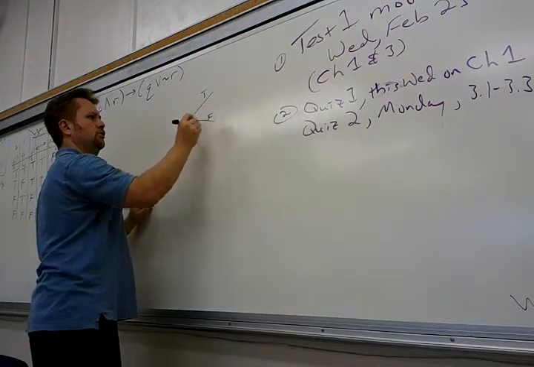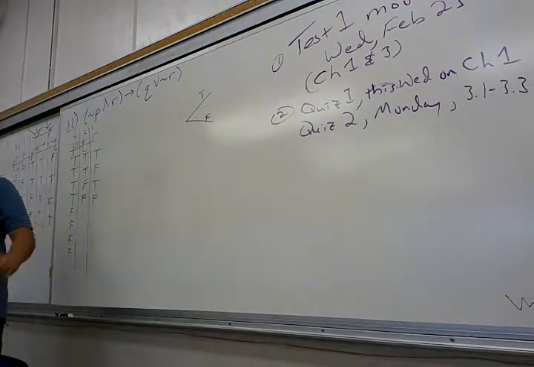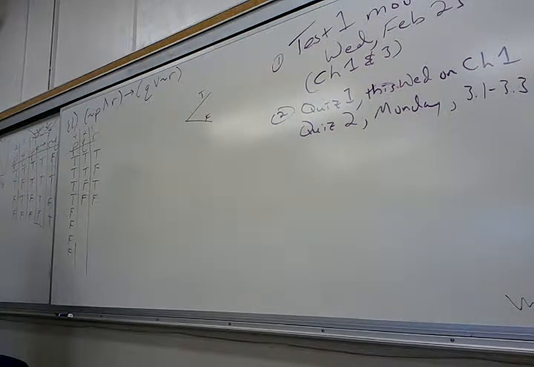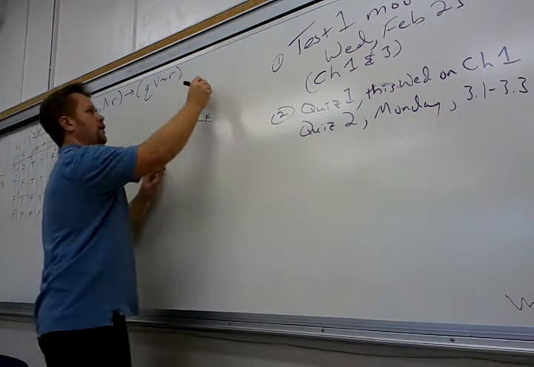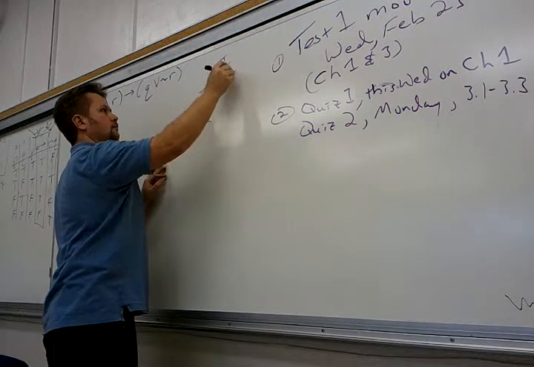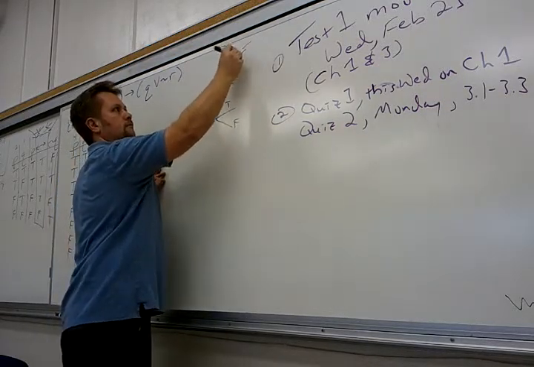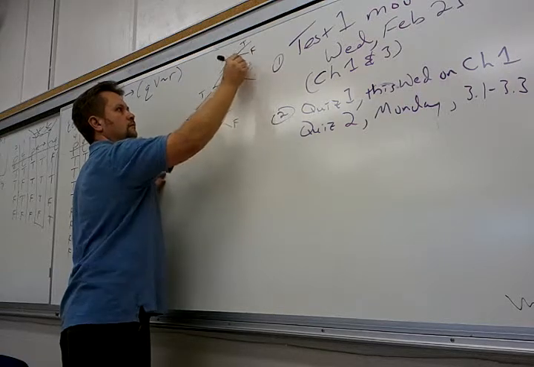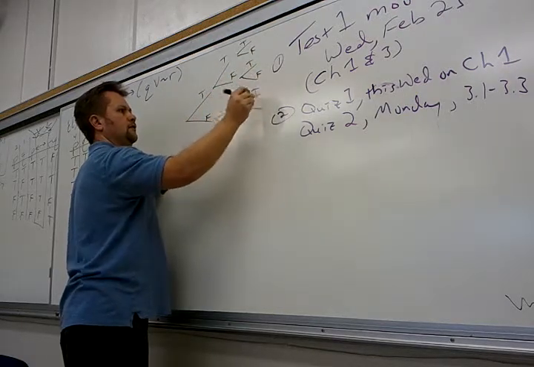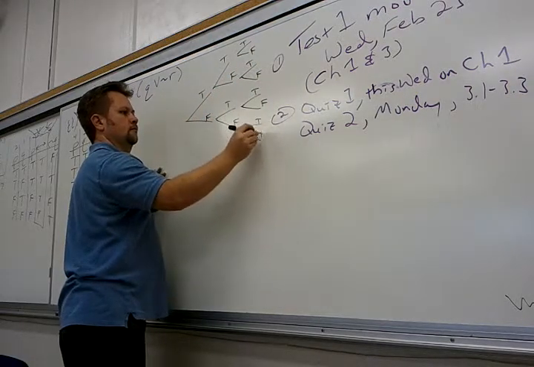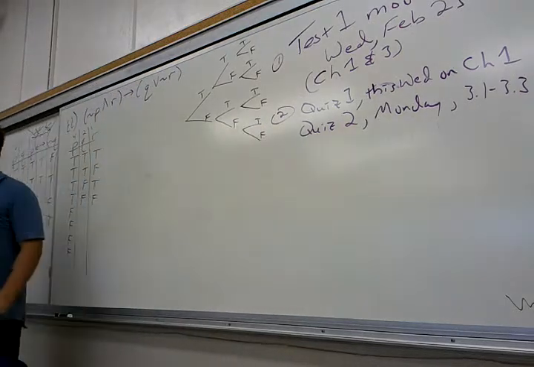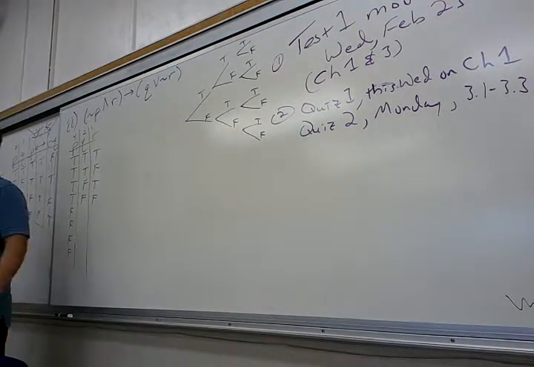But notice this: has anybody ever seen a little tree like this? P could be true or false, and then what could Q be off of that? And then what could R be off of that? It's a decision tree, or a probability tree, or just a tree.